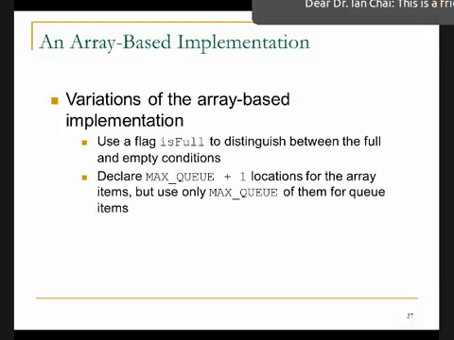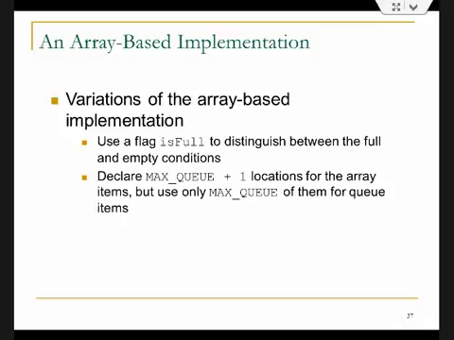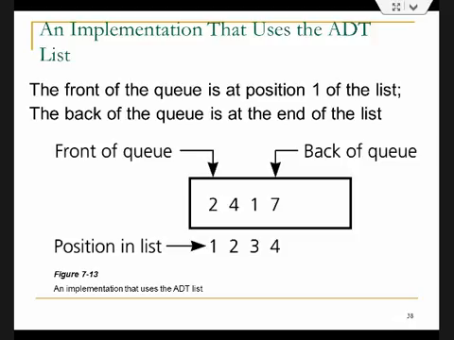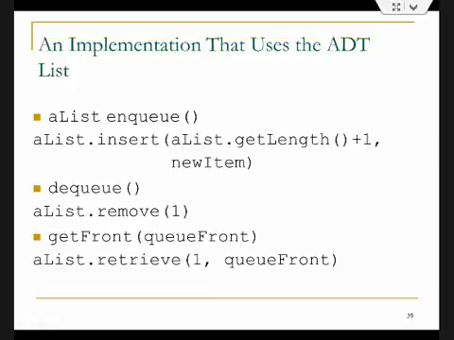So you make one extra location, but you only use max queue of them for the queue items. If you do that, then you can tell the difference between empty and full. So the front of the queue is at position 1 of the list, and the back of the queue is at the end of the list. So this is how you can tell.